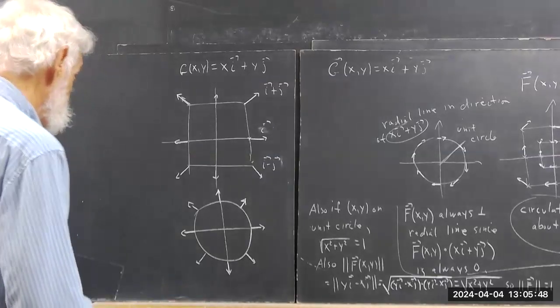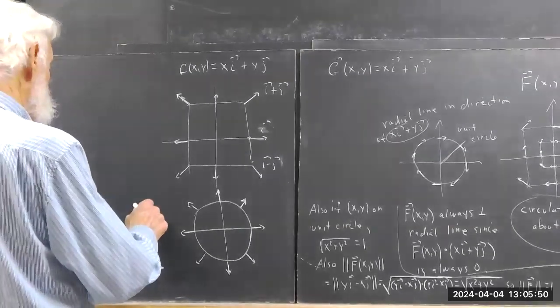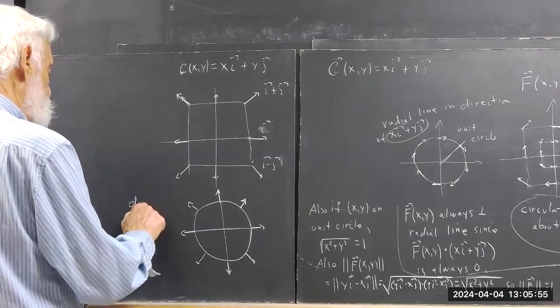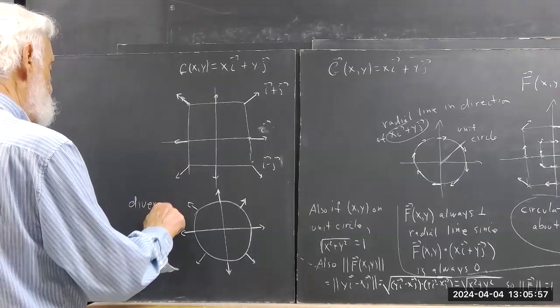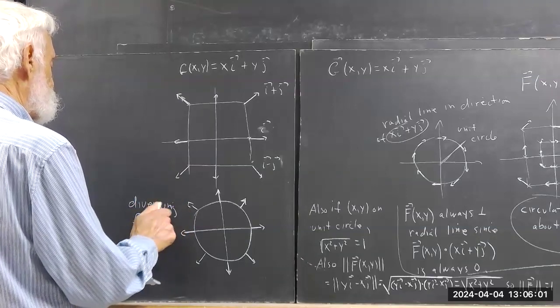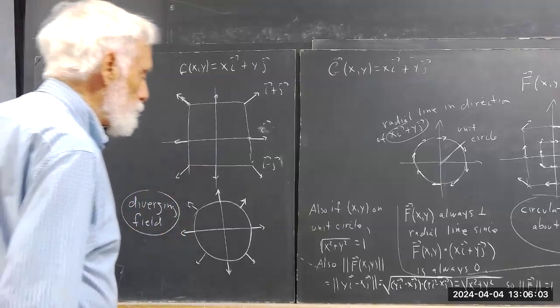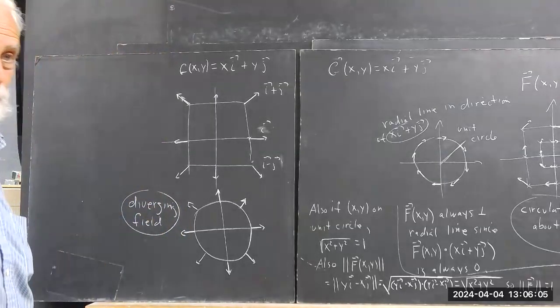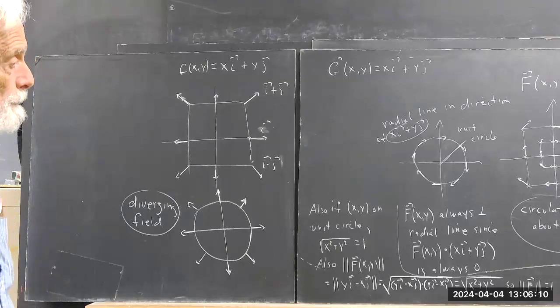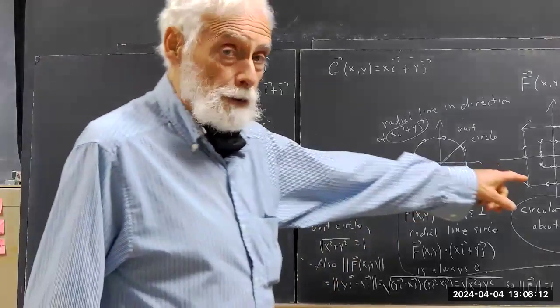They're beautifully descriptive, but the word we're going to use is that we have a diverging field. And this is a circulating field.